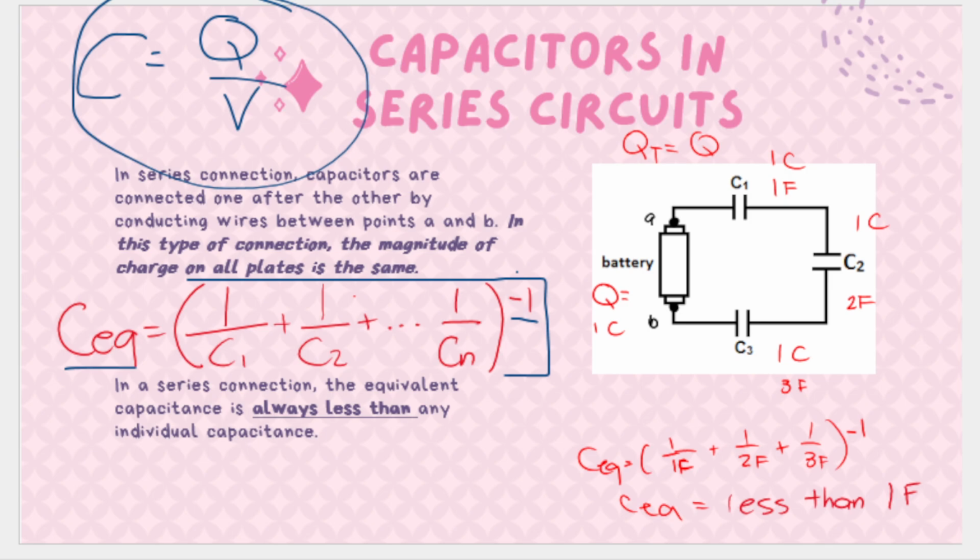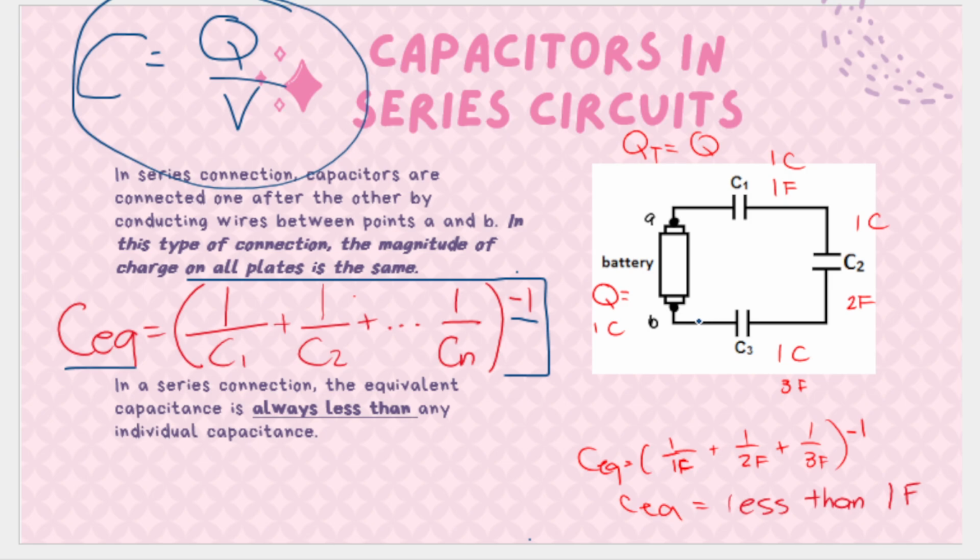So let's look at our example. For example, here we have C1, which is 1 farad, C2, which is 2 farads, and C3, which is 3 farads. Okay? Since they are in series, we can say that their charge is all equal.